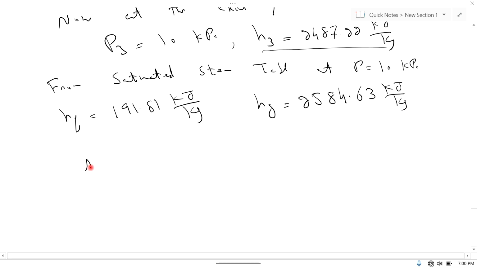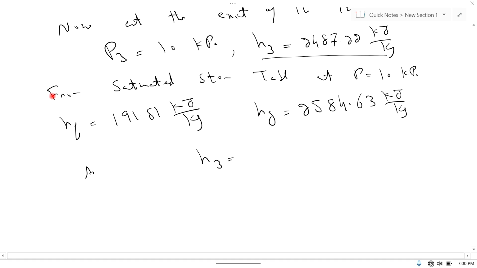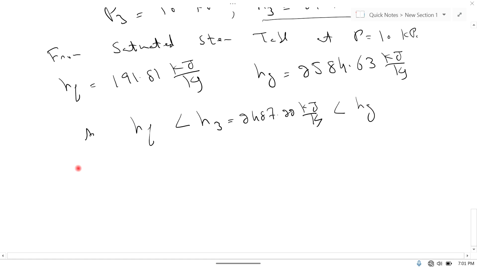As H3 is equal to 2487.22 kilojoule per kg, this is greater than Hf and less than Hg, between Hf and Hg. So state 3 is saturated.